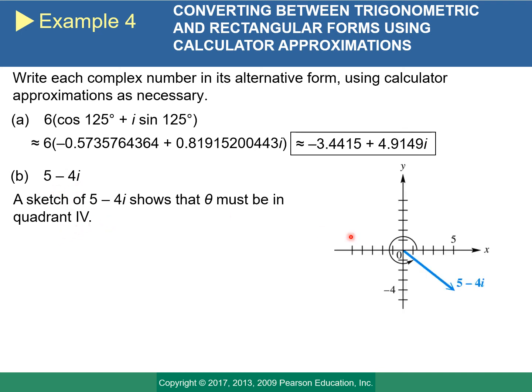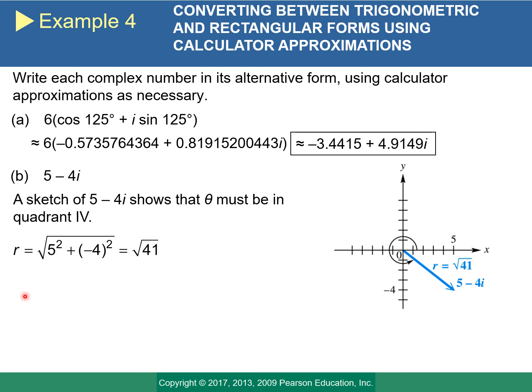It's 5 in the real direction and down 4 in the imaginary direction, with our vector landing at that point. Okay, so we are in quadrant 4, so let's find r. Using the fact that the square root of x squared plus y squared is r, we get that r is square root 41.